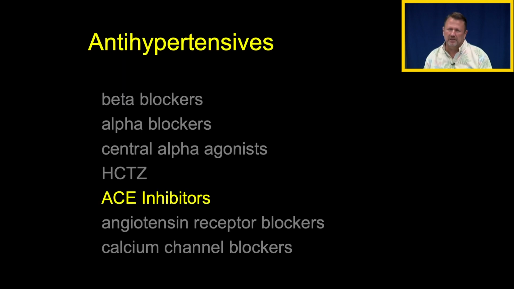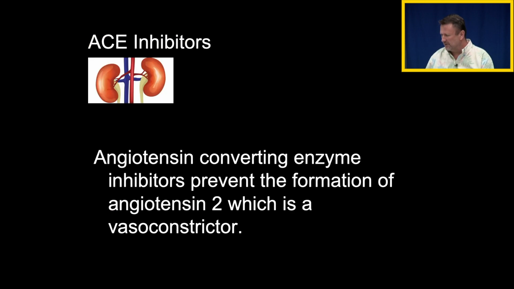All right, angiotensin converting enzyme inhibitors are also used as antihypertensives because, again, renin is released from the kidneys into the body. That's the kidneys yelling for help. It's saying, help me, I'm not getting enough blood supply, and so the body needs to do something about that. The renin converts angiotensinogen to angiotensin II, and angiotensin II is a vasoconstrictor.